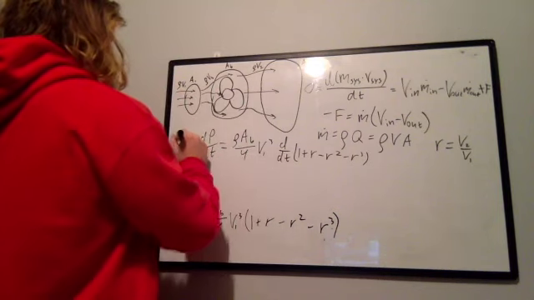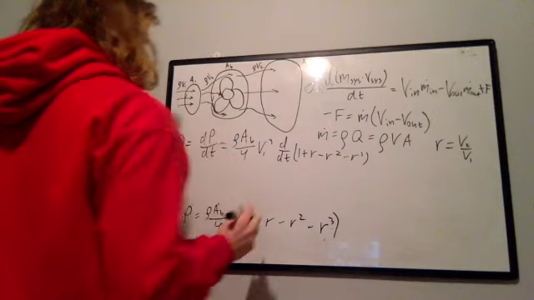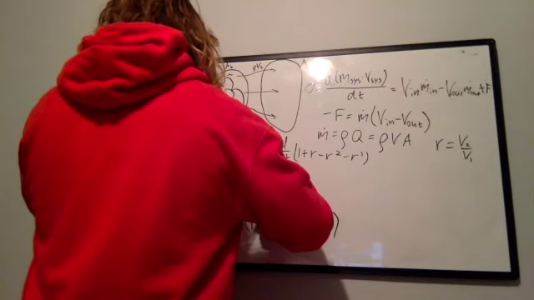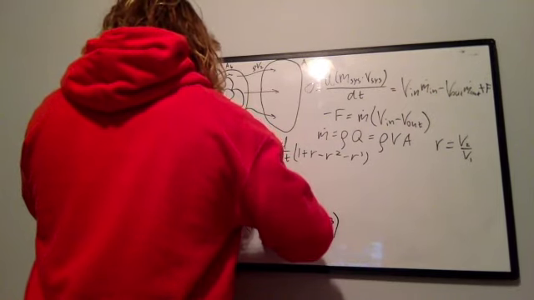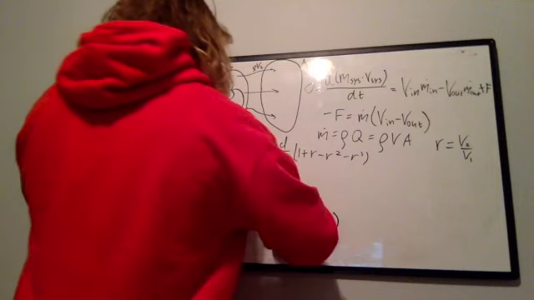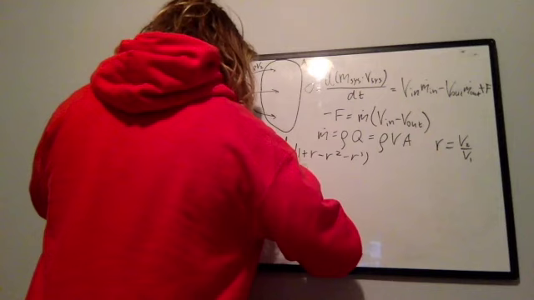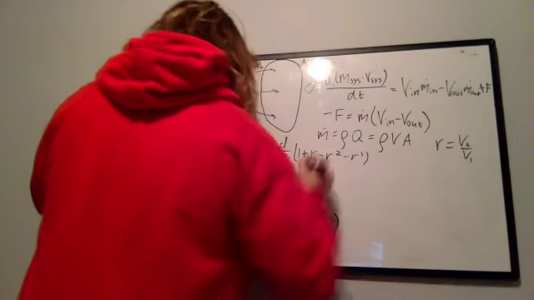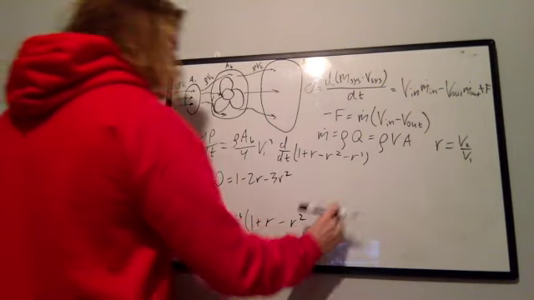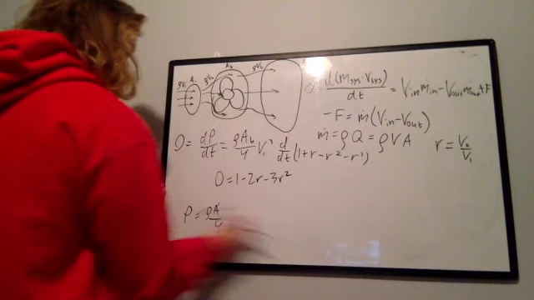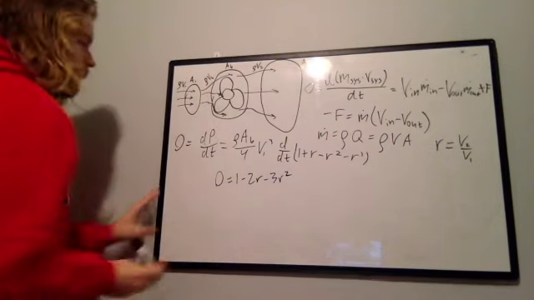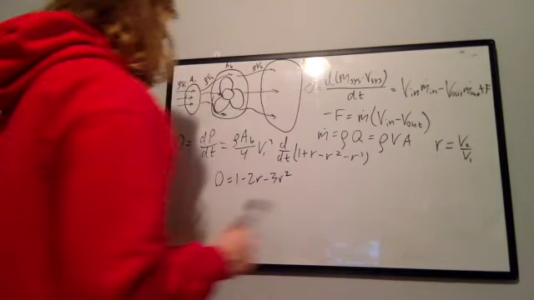And again, this is going to be equal to 0. So 0 is going to be equal to 1 minus 2r minus 3r squared. All right, and then from here, we can figure out what the values for r are that get this to equal 0.